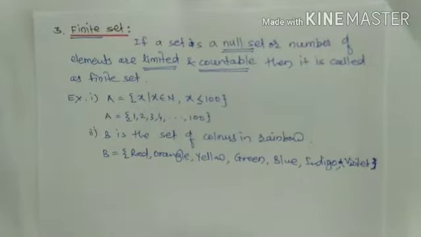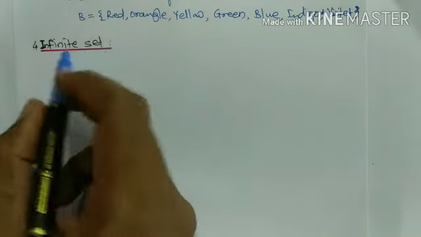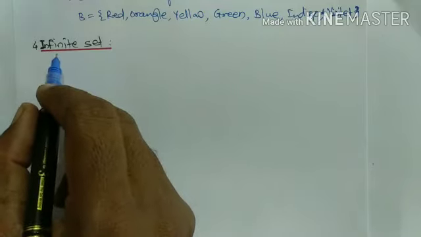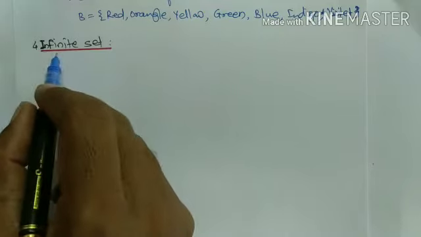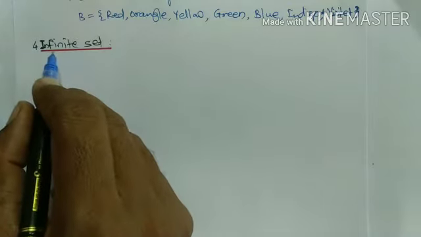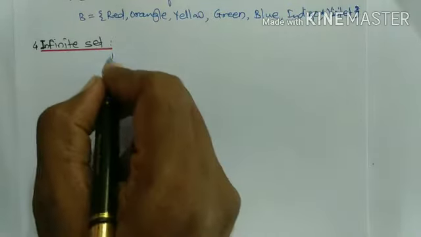Now the next type is the infinite set. Its name also carries information. It means that if the number of elements in that set are infinite, that is unlimited and uncountable, then it is an example of an infinite set. Here we write the definition.